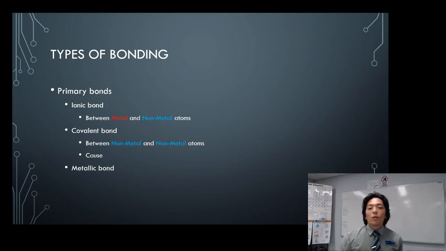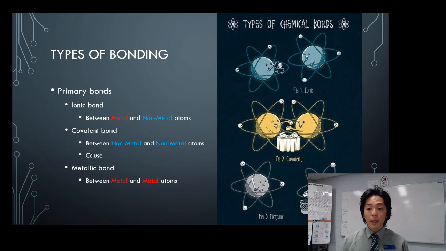I was going to say there, it causes different types of structure as well. I will talk about structure in the next slide, I think. But yes, it will have different shapes and different structures. And lastly, metallic bond. It happens between metal and metal.